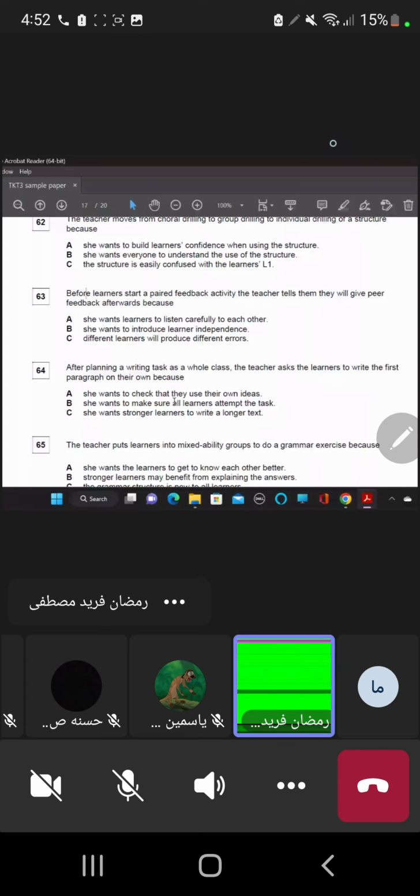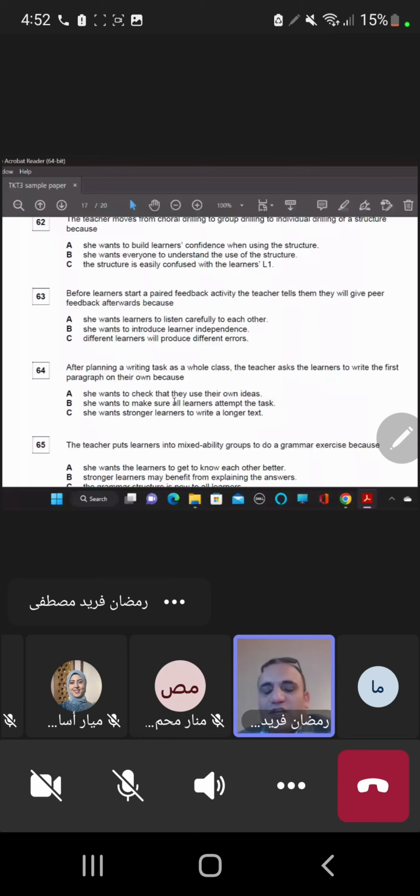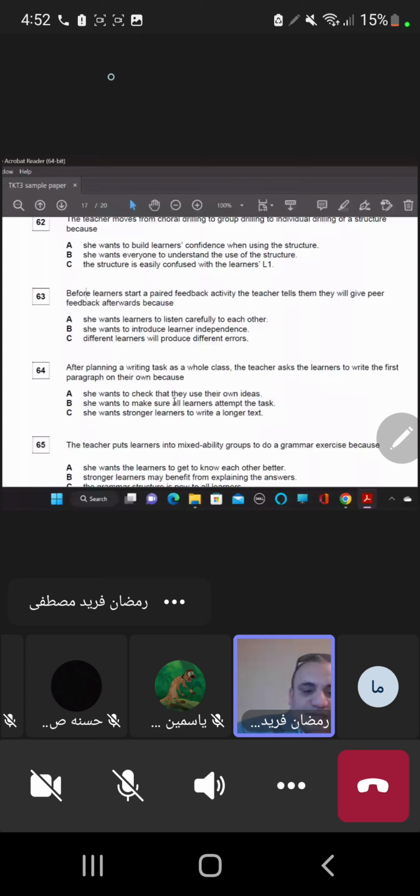Writing task as a whole class. The teacher asks the learners to write the first paragraph on their own because, what reason could you give the students for doing a writing task as a whole class? Come on. B. C. Doctor, what does writing task as a whole class mean? Take your time and don't hurry. Take your time, think.